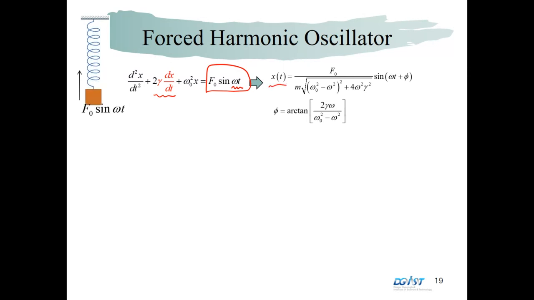The displacement as a function of time is determined by the magnitude of the applied force, with the same frequency and a slightly different phase. The magnitude of the displacement is determined by this part.